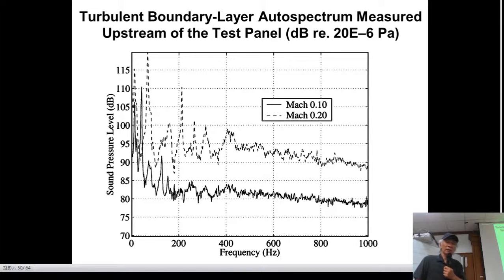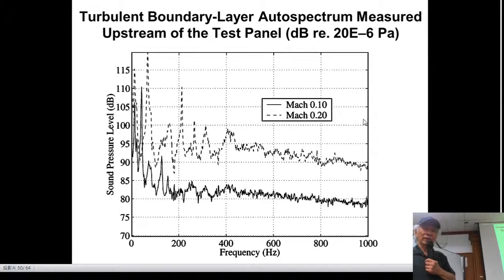This real data shows you the sound pressure level in dB. There are 2 different Mach numbers, 0.1 and 0.2. The Mach number is the speed, and these are 2 different speeds. They excite different frequencies of the plate.